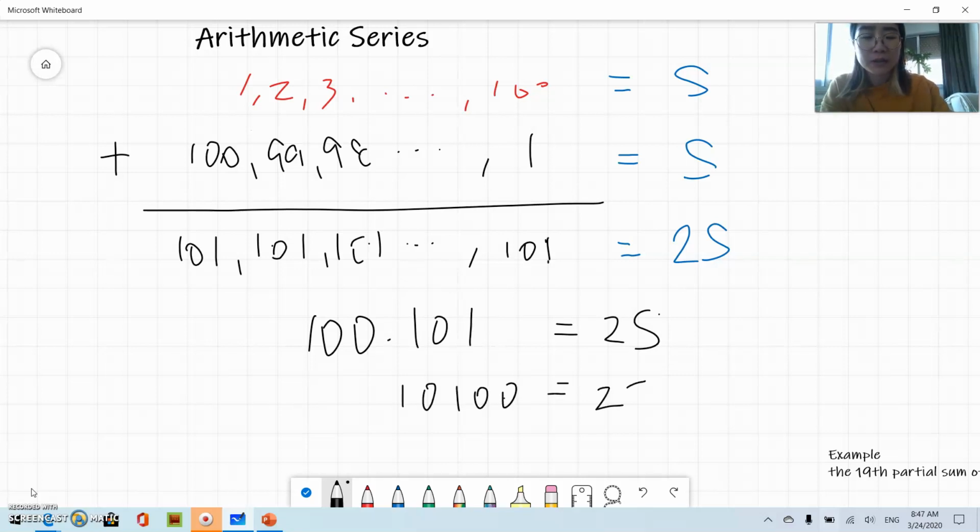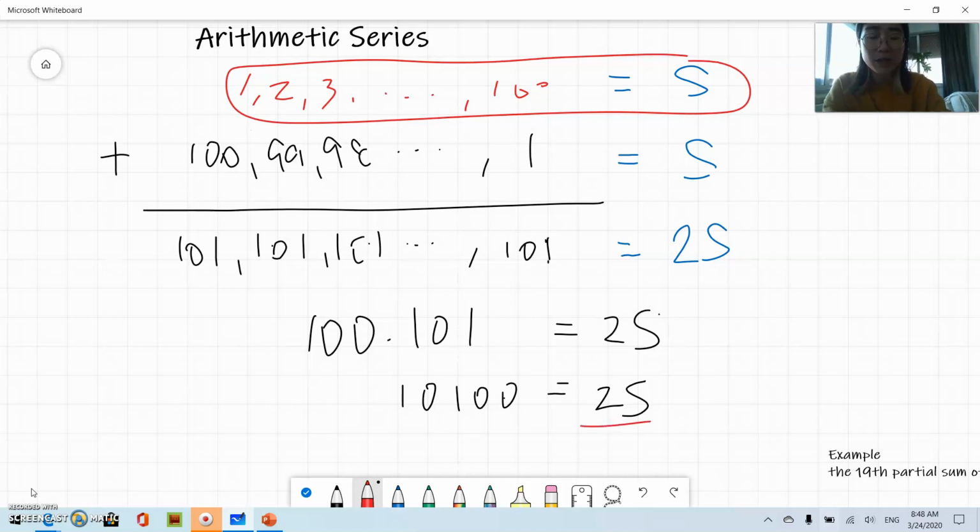But do you see how this is a sum of the one list and another list, right? So to find the sum of just one of them, which is this sequence, we have to divide each side by 2, and that's how Gauss came up with 5050.